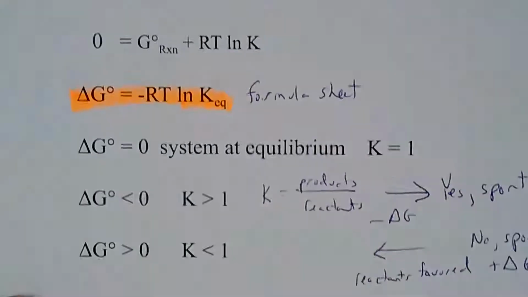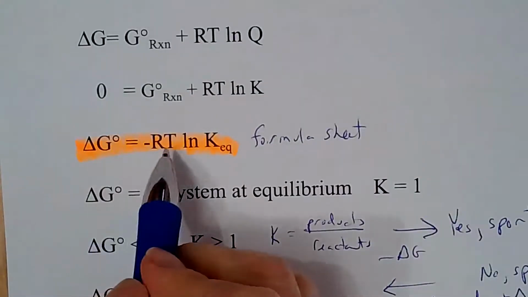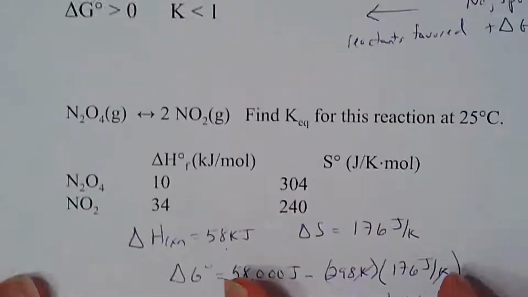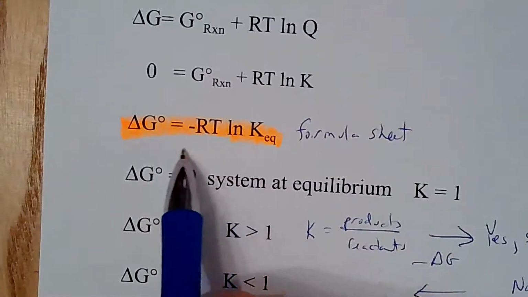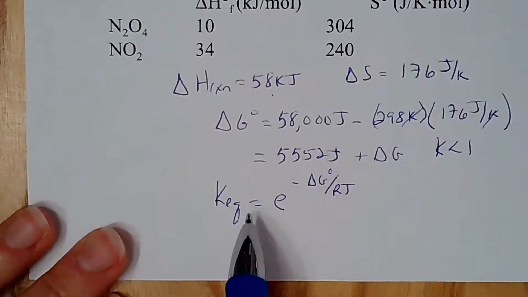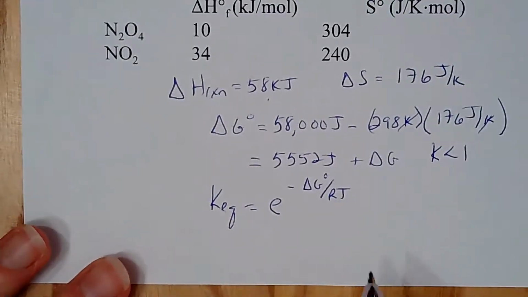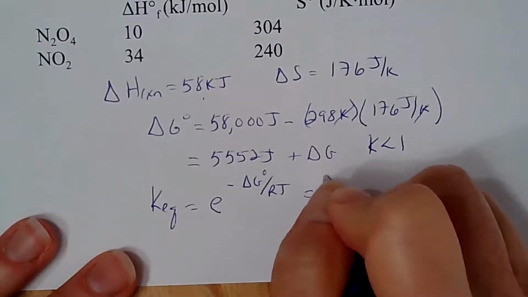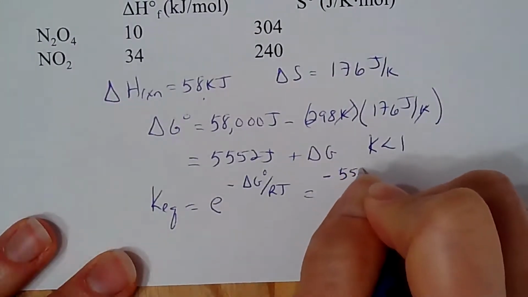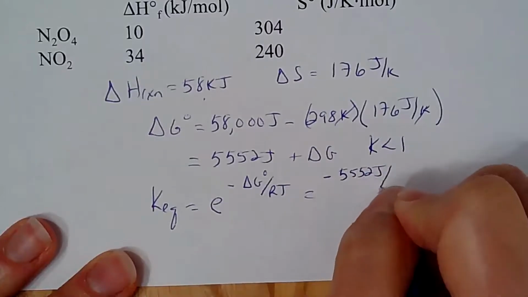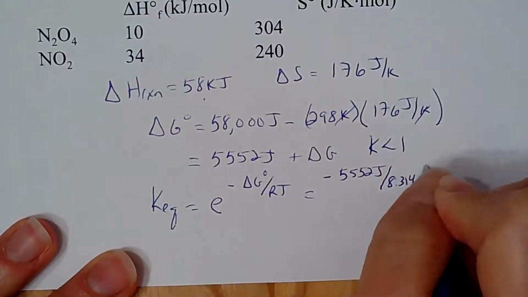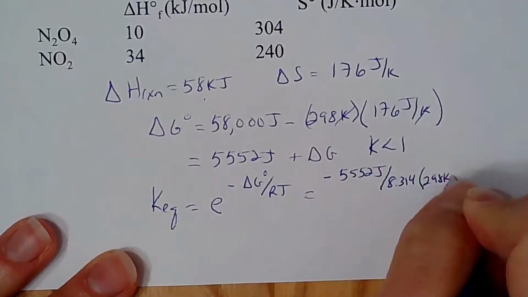Okay, so I divided RT over here, so this becomes negative. And if you bring the natural log over here, it becomes e. So if you go to your calculator, you will see e is above the natural log key. So in this case, it becomes negative 5552 joules over 8.314 times 298 Kelvin.